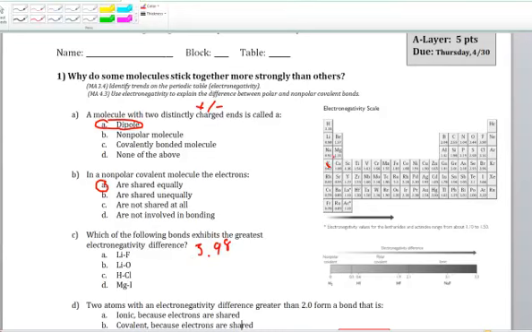I'm sorry, here's lithium and fluorine, 0.98. We subtract them and we see the difference is 3.0. That's pretty big.